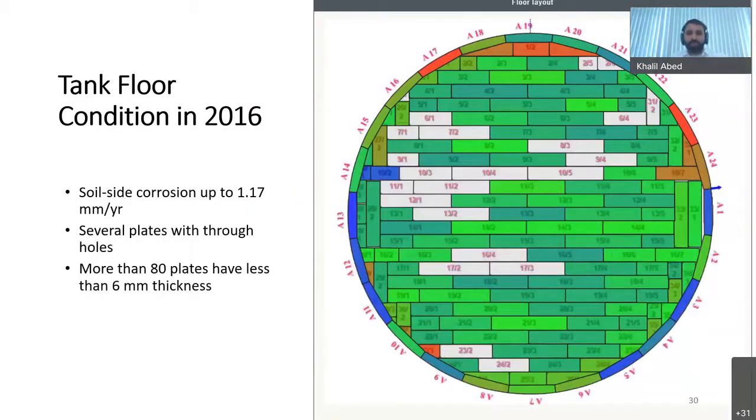So this is the tank floor condition in 2016, where the tank floor scan revealed severe soil side corrosion up to 1.17 millimeters per year corrosion rate, with several plates with through holes and more than 80 locations having less than 6 mm thickness.